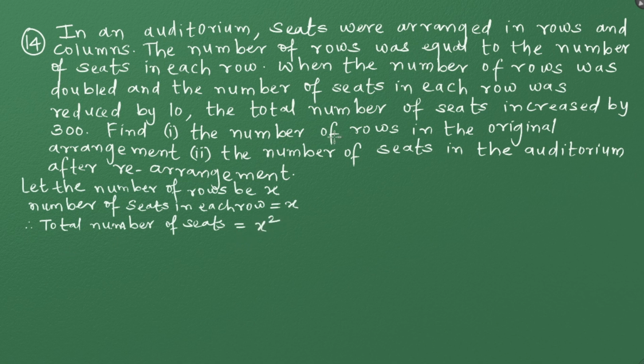Now in the second case, the number of rows was doubled. If originally it is x, then when it is doubled, it becomes twice of x. In that case, the number of seats in each row was reduced by 10.